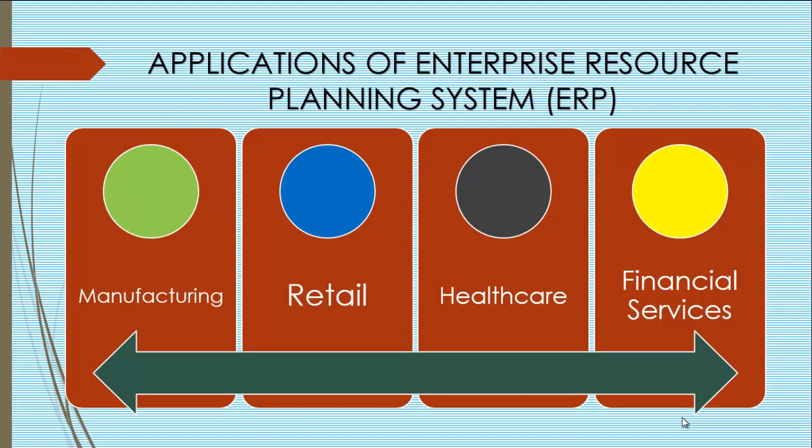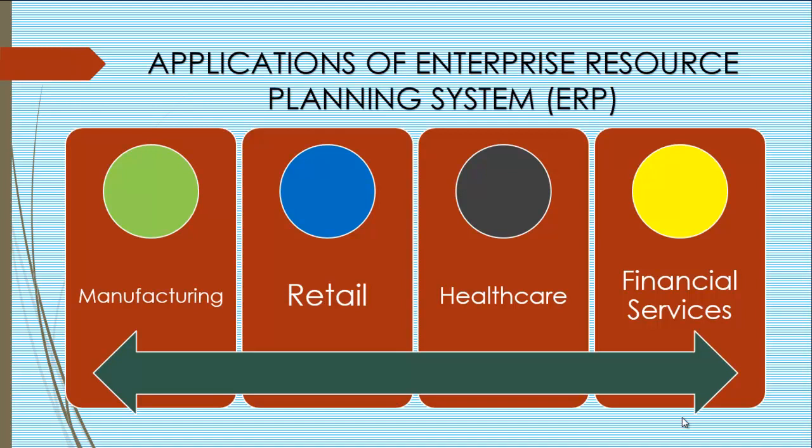The enterprise resource planning can be applied in manufacturing. Under manufacturing, the enterprise resource planning system can be used to manage production processes. It can also be used for inventory control and even supply chain management. Then, under retail services, the enterprise resource planning system can be used to manage sales, inventory, and customer relationship management.